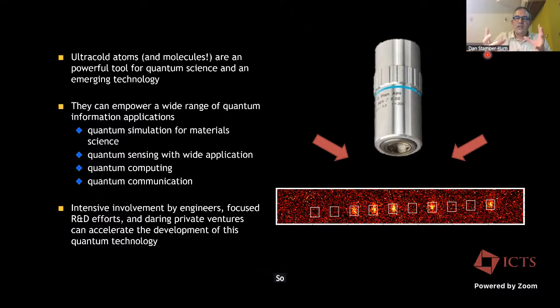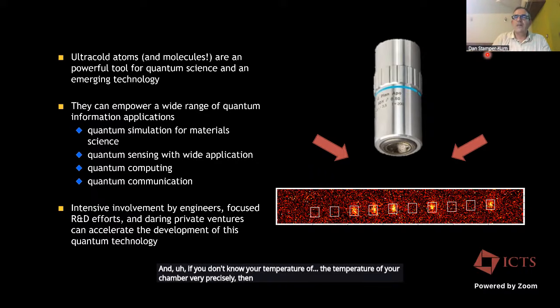The fluctuating electric field inside of the black body spectrum can shift these energy levels somewhat. If you don't know the temperature of your chamber very precisely, then you don't know what that black body shift is, and that is one of the things that limits your clock.